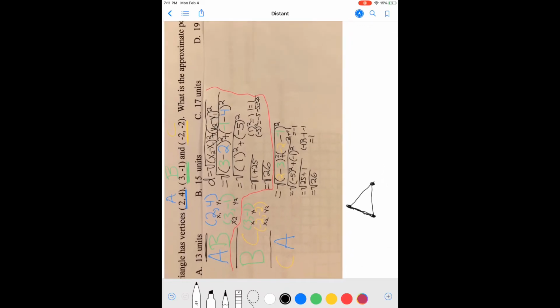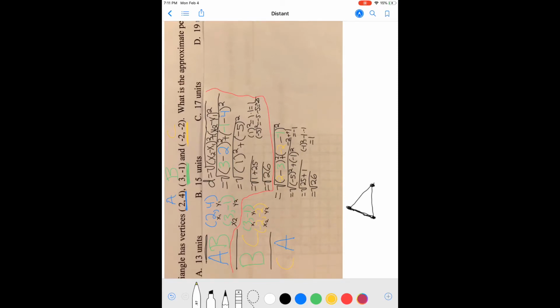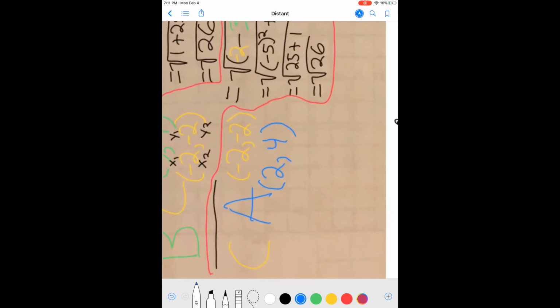And then we have CA. So C is going to be negative 2, negative 2, and our A is going to be 2, 4.